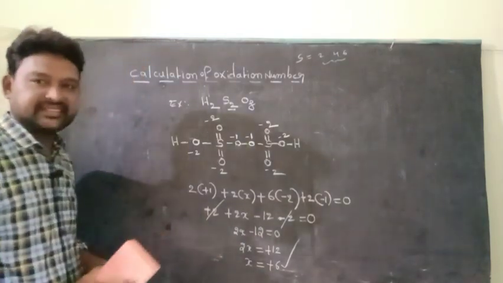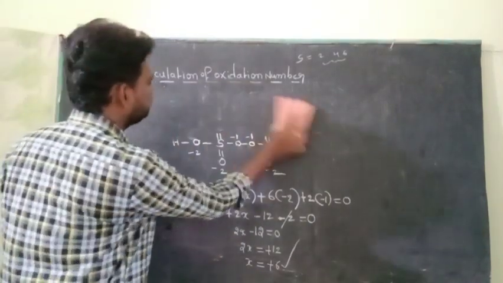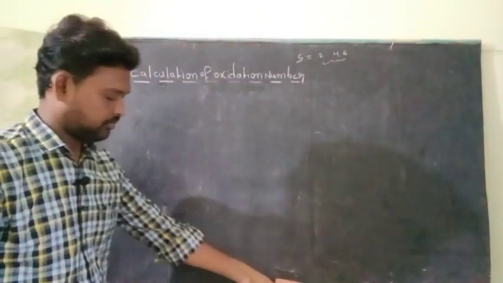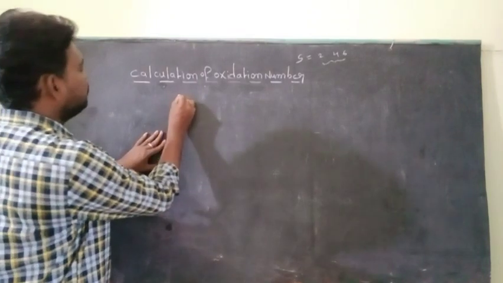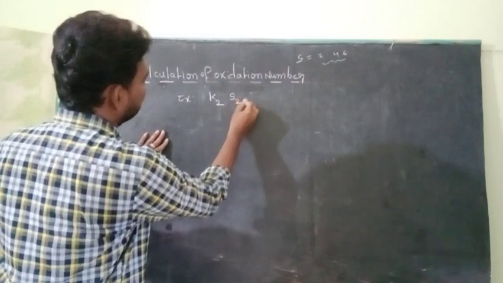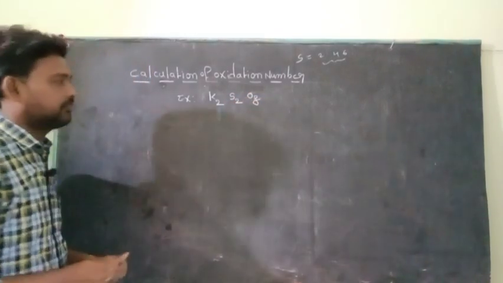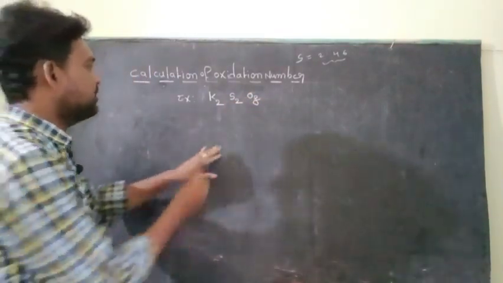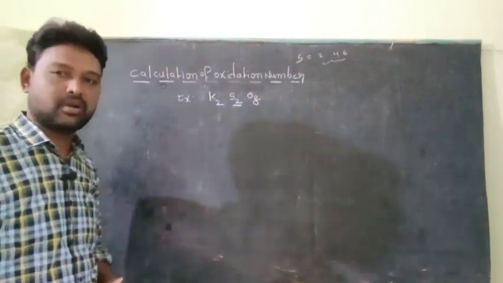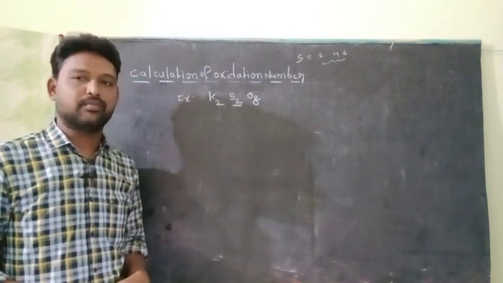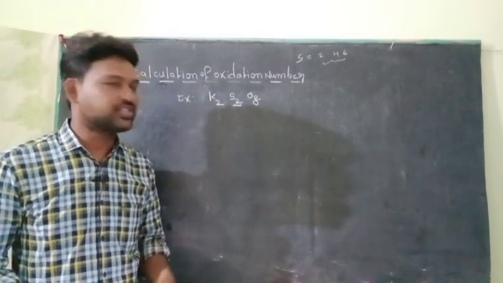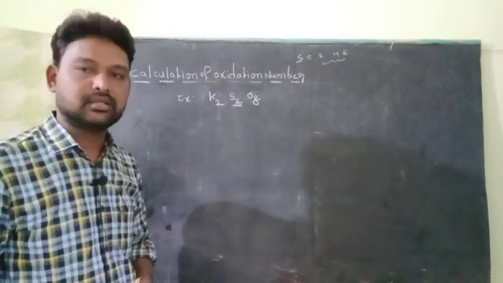So given one more example of this type of compound: K2S2O8. In this compound also, what is the oxidation number of sulfur? So calculate the oxidation number of sulfur in this compound.